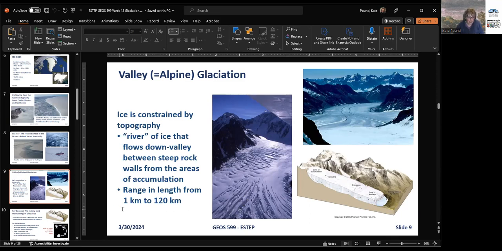And valley glaciers range in length from 1 kilometer. There are some very short ones in New Zealand, going from the crest of the Southern Alps westward to the west coast of New Zealand. And there are some enormously long glaciers in the Himalayas and European Alps.